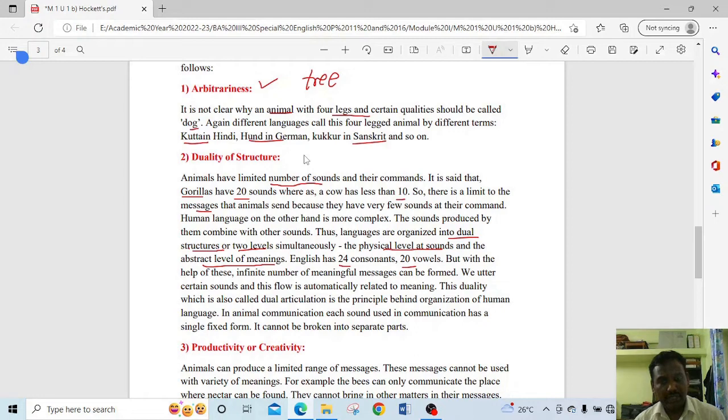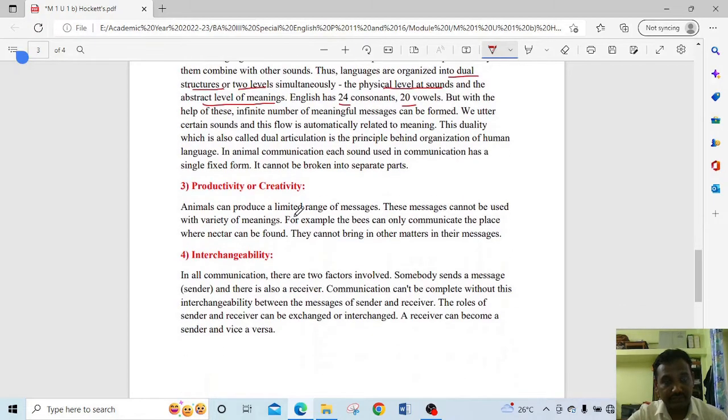We don't have a limit. We can create thousands and lakhs of expressions out of these sounds. But it never happens with animals because they have a limited range of signals or sounds. This is called duality of structure.